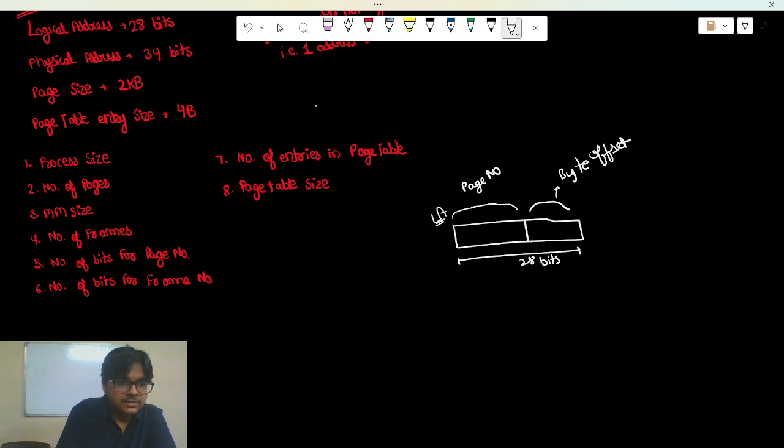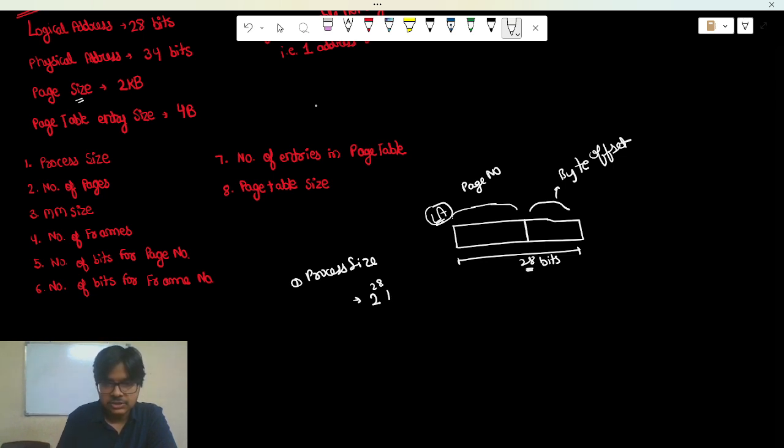So as you can see, you have been given a page size. So now let's first understand how to find the process size. As you know, the logical address is related to your process only, and the process size is 2 raised to the power 28, since you have 28 bits.